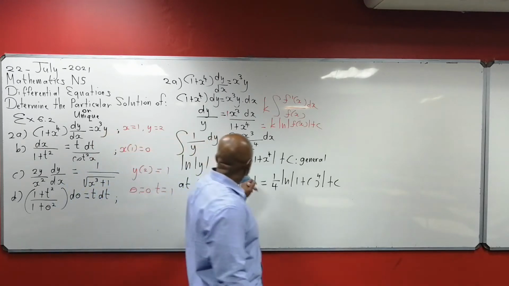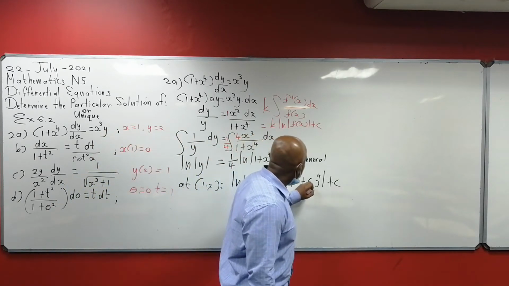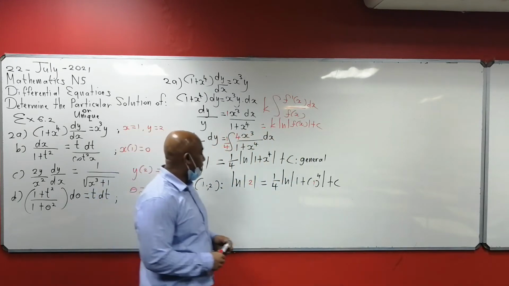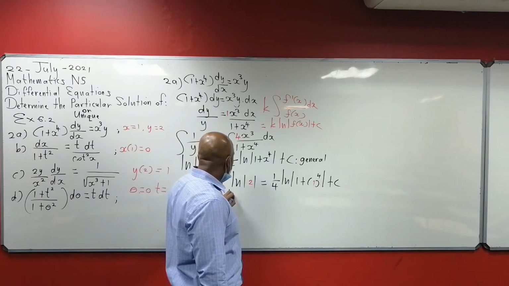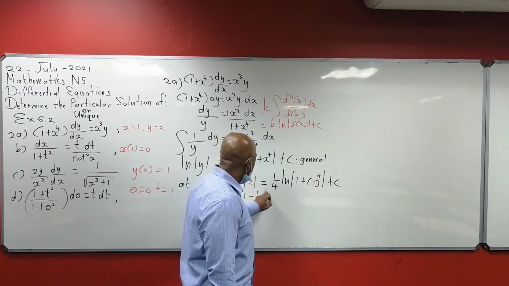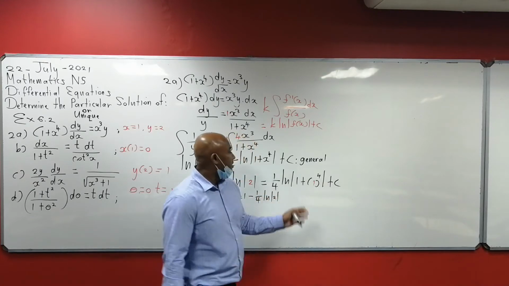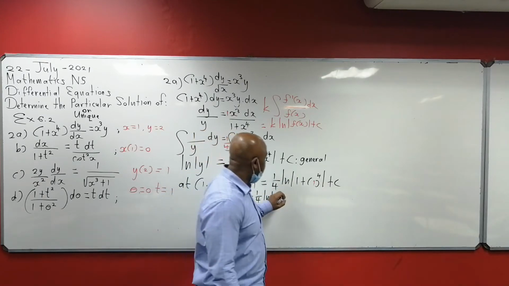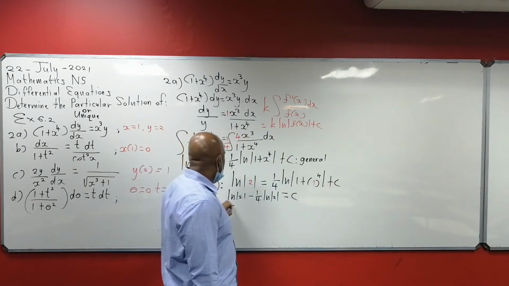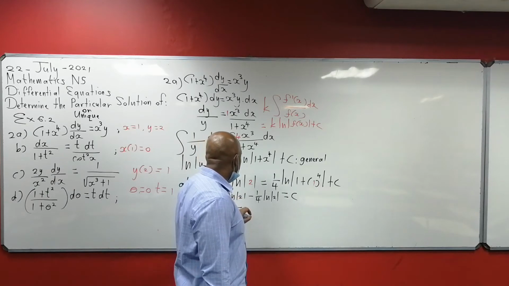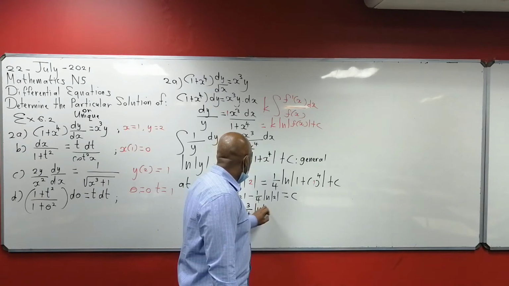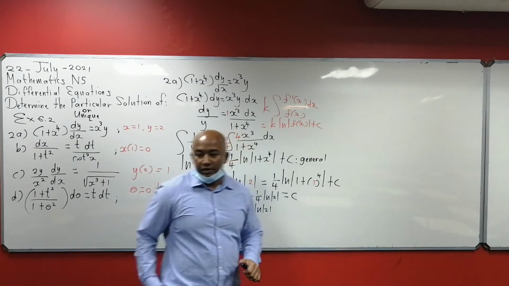So now that's a 2 there, and that's a 1 there. Now I need to work out the value of c. So this is going to be ln of 2 minus 1 over 4 ln 2 there. But you can use your calculator one time and get the answer. So therefore c is equal to 4 over 4 minus 1 over 4, which is 3 over 4 ln 2. You remember the calculator?